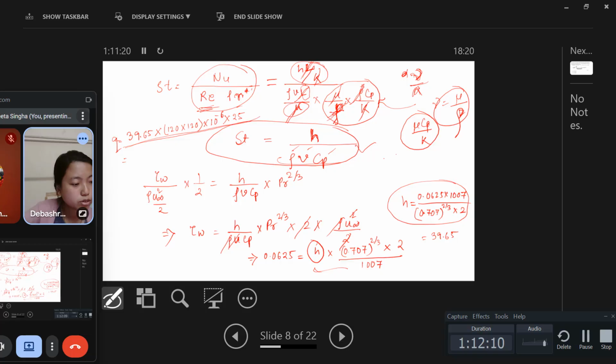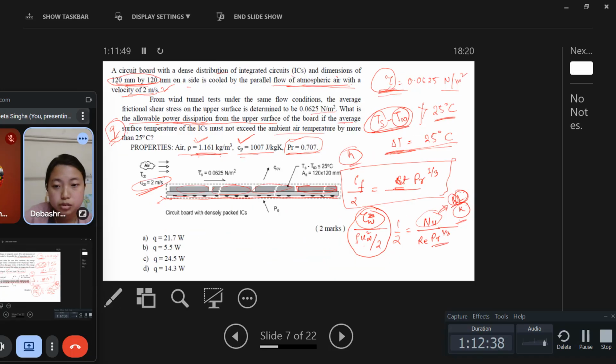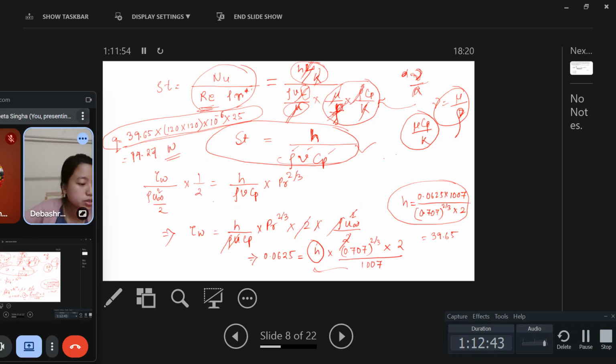Just calculate this Q here. It is coming to be around 14.27 watt. So last one is the correct option.